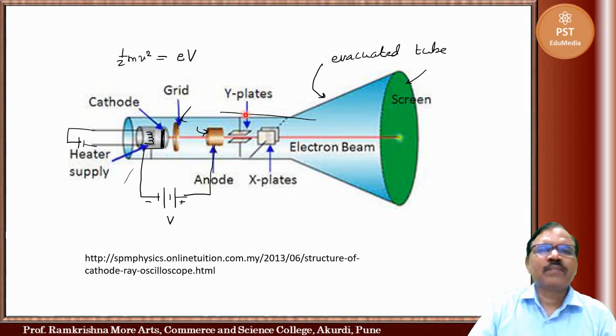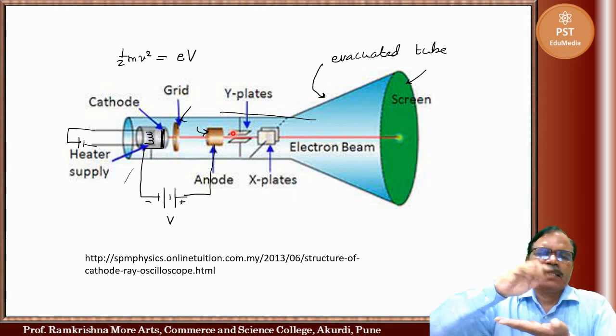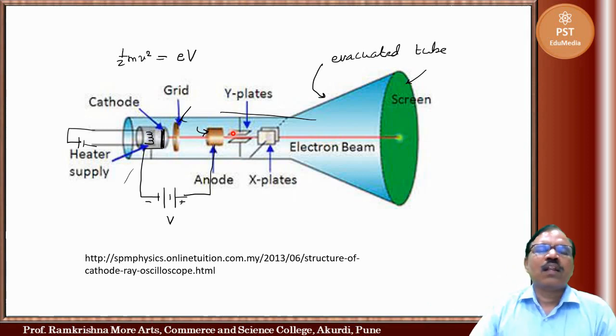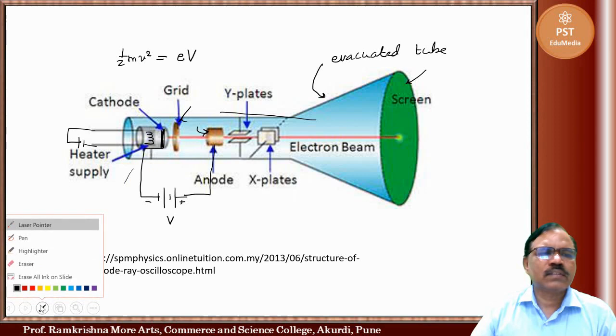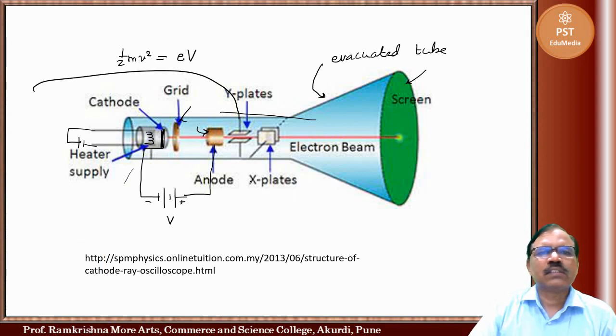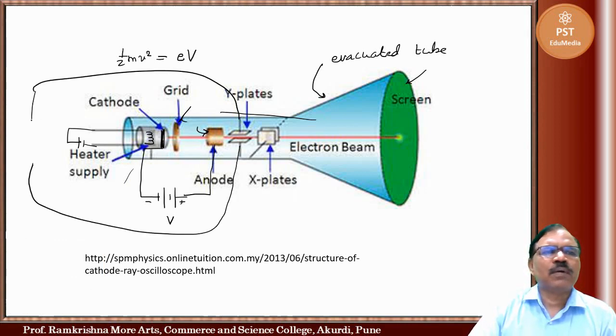Now here Y plates are there, meaning these are horizontal plates, and the beam is passing through those plates. Now suppose we apply a signal between these two plates. Suppose the upper plate is made positive and the lower plate is made negative.